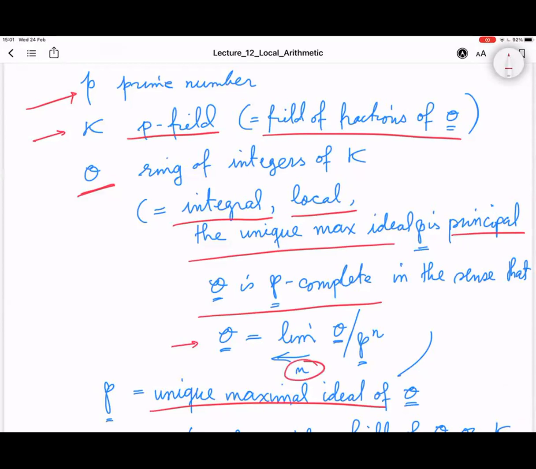So this is the kind of ring that we are starting with. K is the field of fractions of that ring. We call such a K a P field.